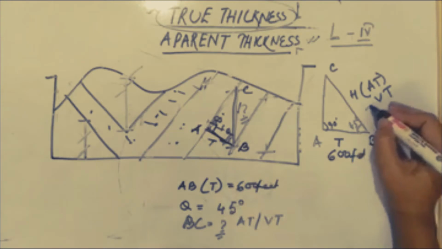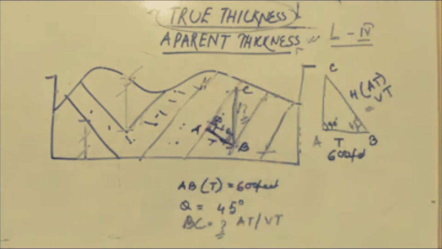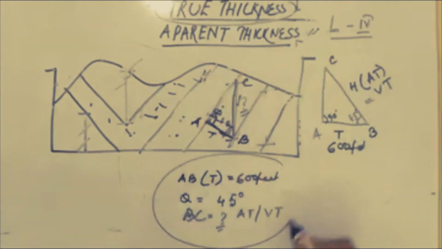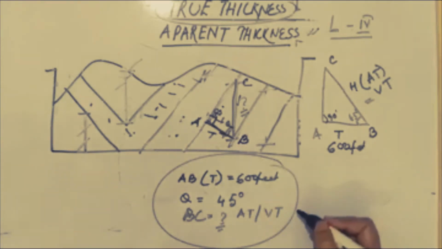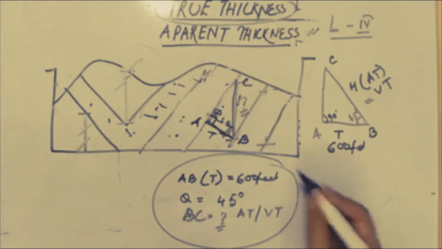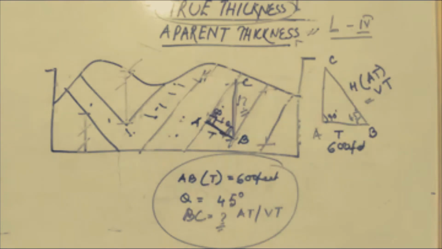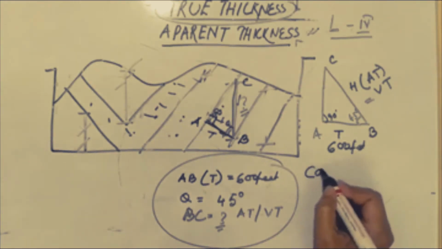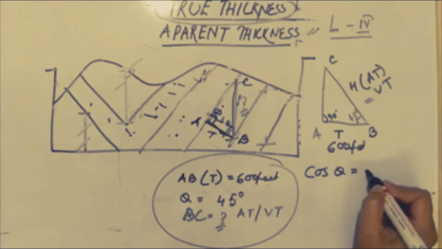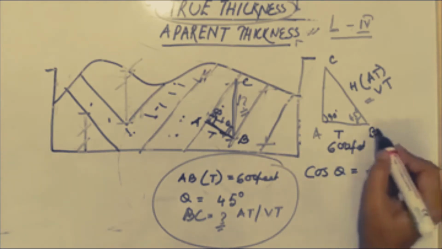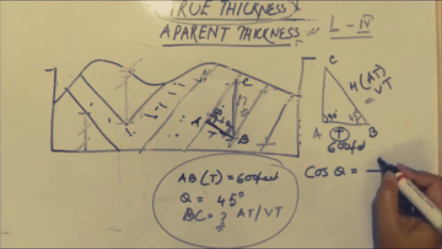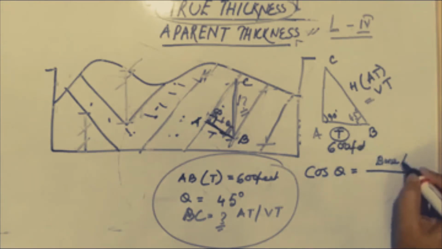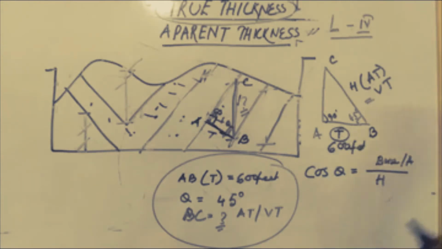So we have to calculate. Suppose this information is given to you. With the help of this information, you have to identify the apparent thickness. So go for the Pythagorean formula. Go for cos theta. Cos theta means base or adjacent divided by hypotenuse.